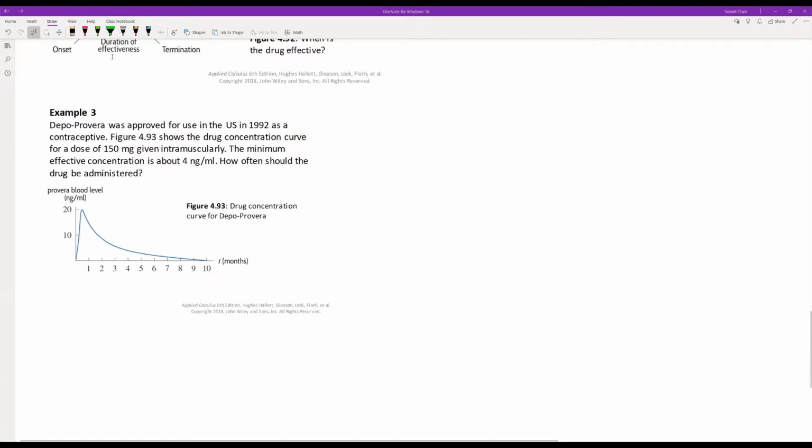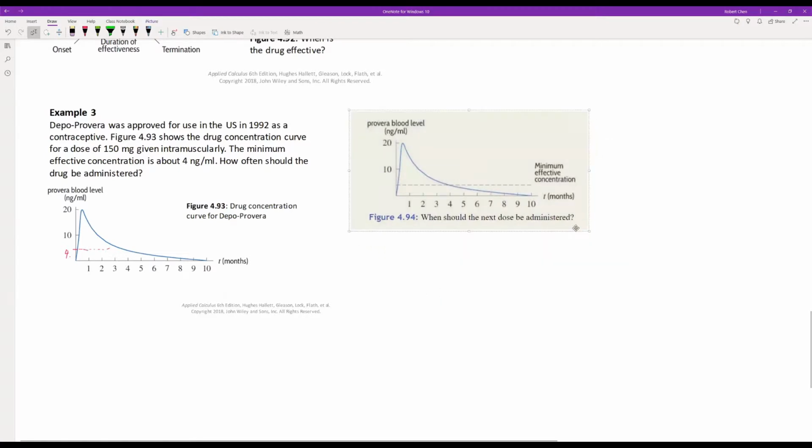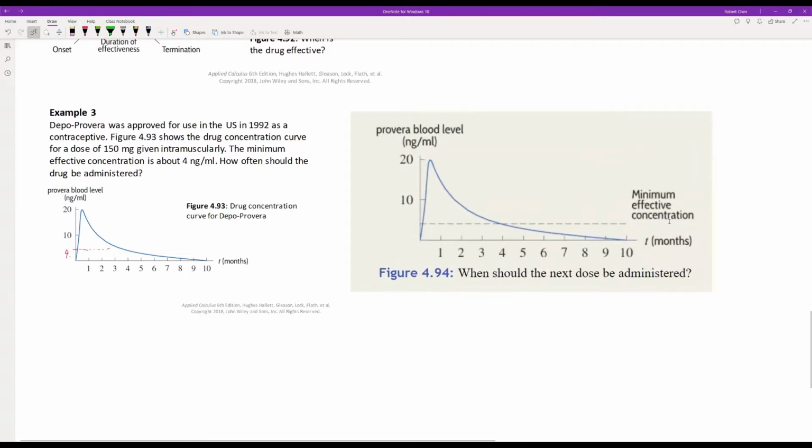So that would be about right here, right? 4, maybe a little higher, like that, right? So our goal is to keep the concentration above 4 in order for the drug to be effective, right? So we actually have another nicer graph that they give us where 4 is the minimum effective concentration line, right?